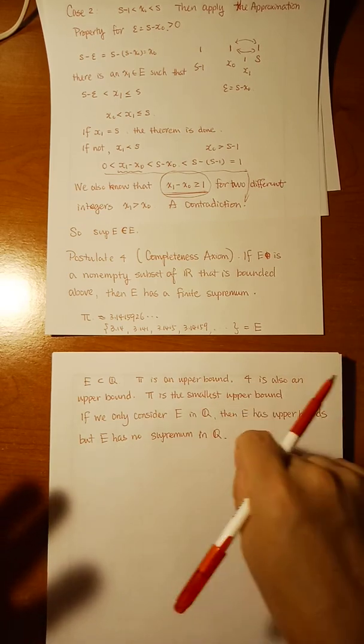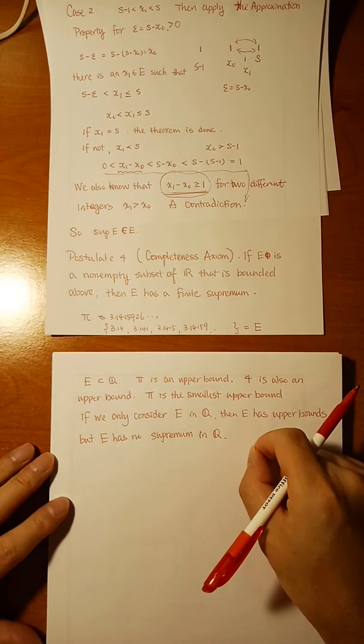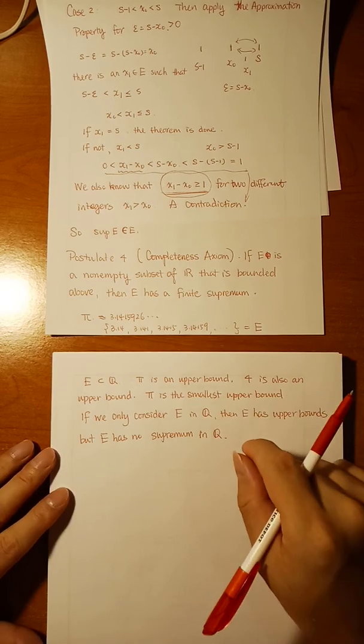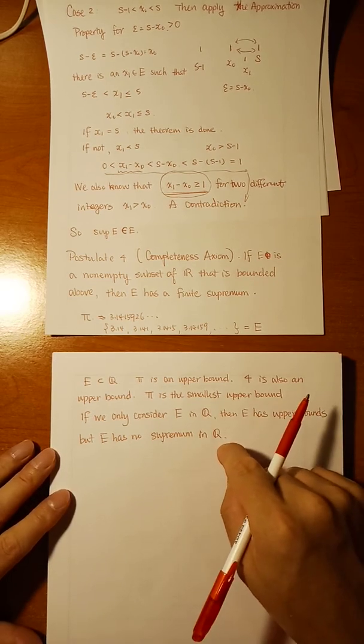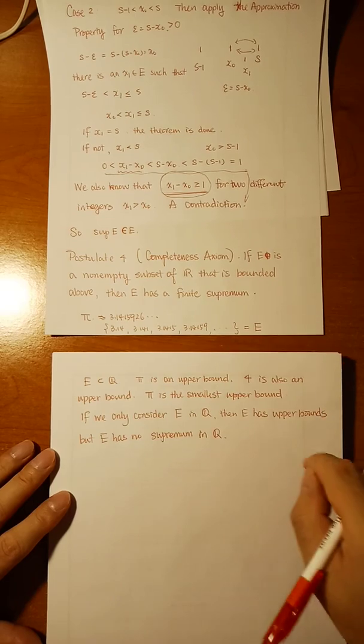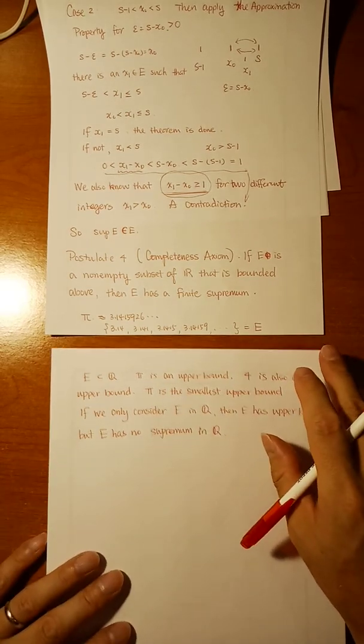Pi is missing. There is a hole there. So for that reason we say Q is not complete. There are a lot of holes there.